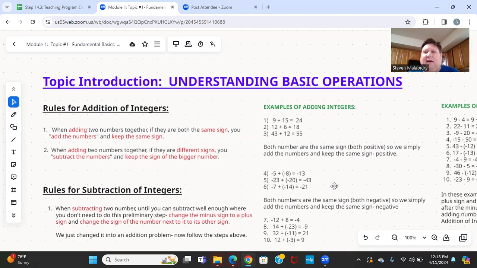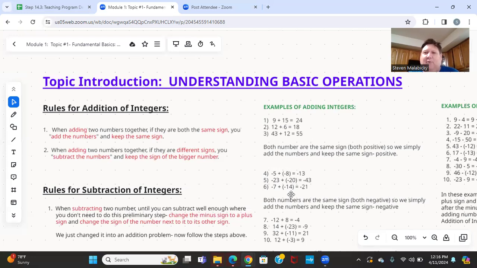Now, some of you may not have added negative numbers before, and this is really the reason why we're doing these basic operations. It's because when you add negative numbers, how does that change what we do? I want you to know that all three of these examples have the same sign: -5 and -8, -23 and -20, -7 and -14.